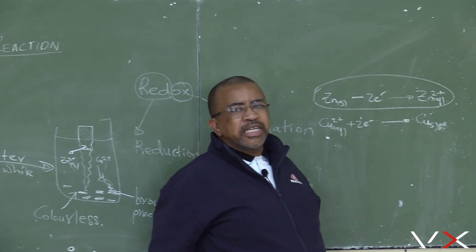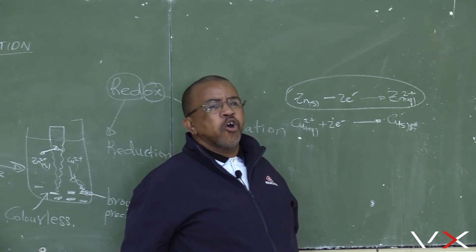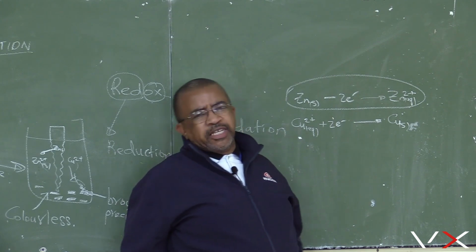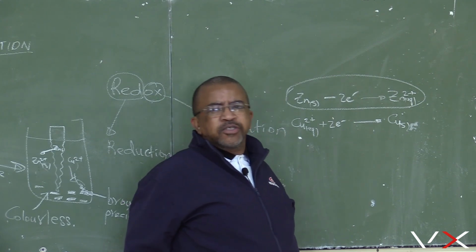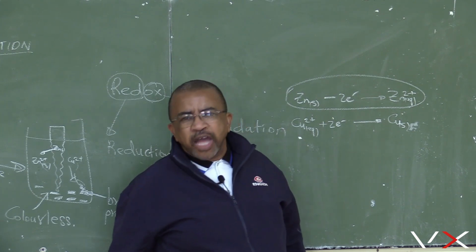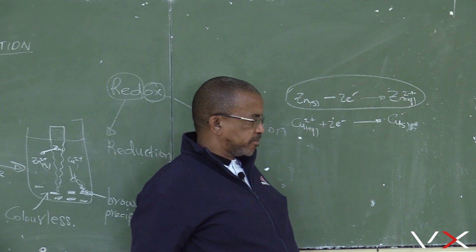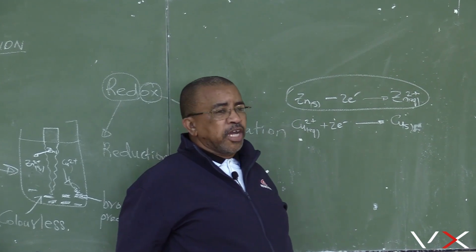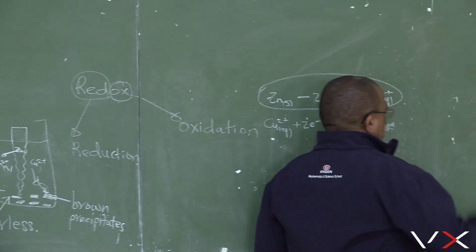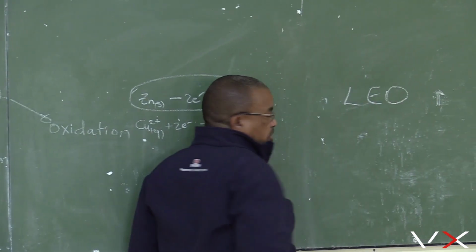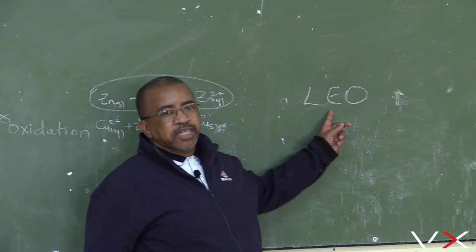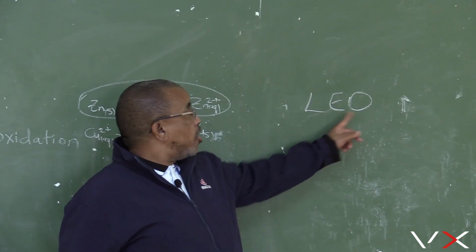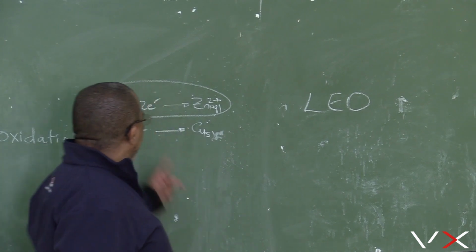As it loses electrons, zinc undergoes the process we call oxidation. In other words, when an element loses an electron, we call it oxidation. So zinc undergoes oxidation.